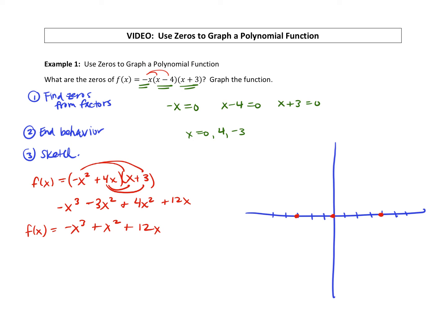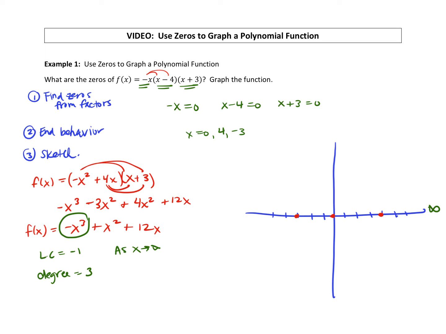All right, end behavior is going to come from our leading term. So the leading coefficient is a -1 and the degree is a 3. So here's how our end behavior works again. Always start with as x approaches positive infinity.